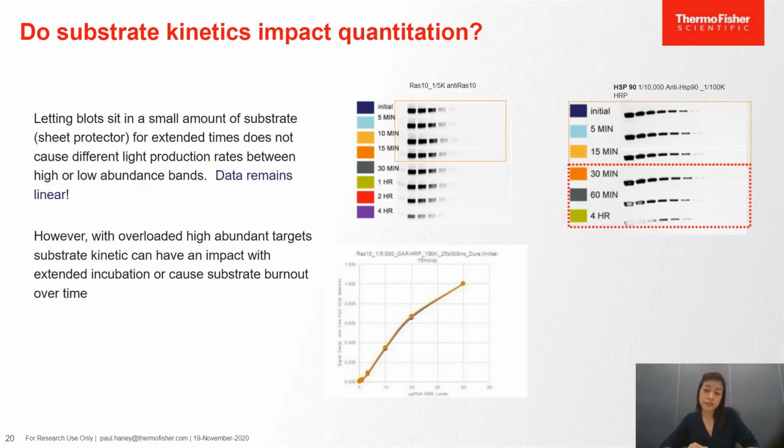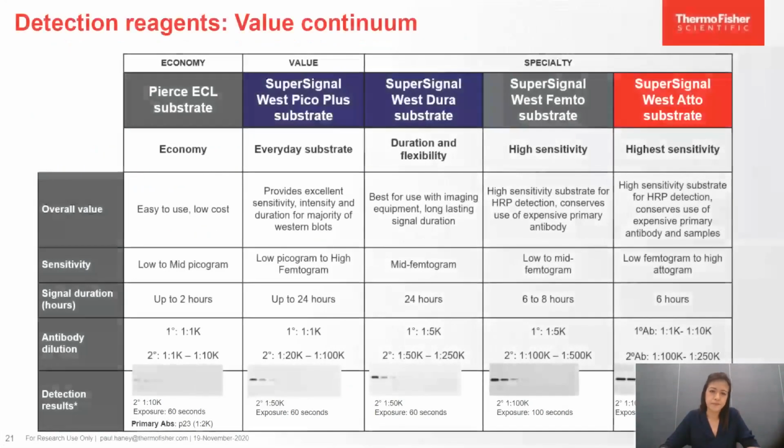For both low and high abundance bands, the data remains linear over time. However, with overloaded high abundance targets, extended incubation can cause the substrate to burn out over time. Therefore, it is important to use the substrate with the right kinetics depending on the abundance of your protein.